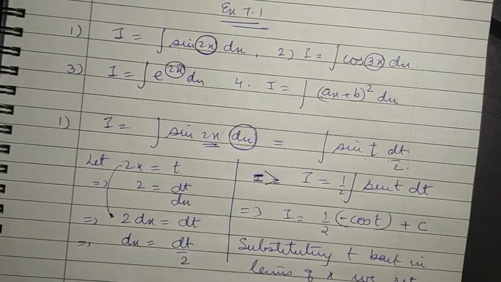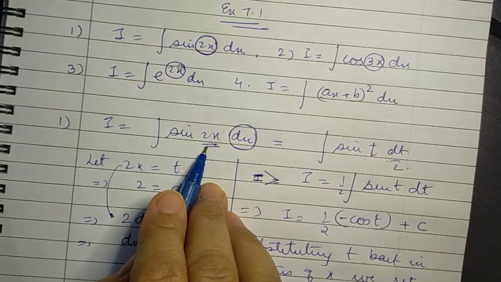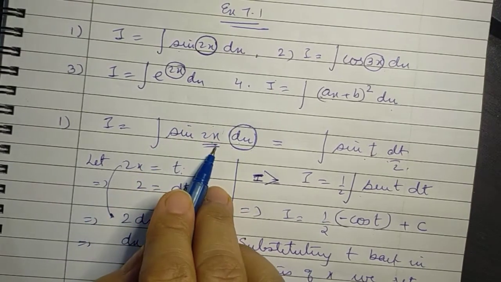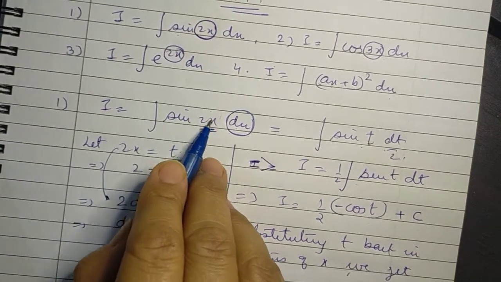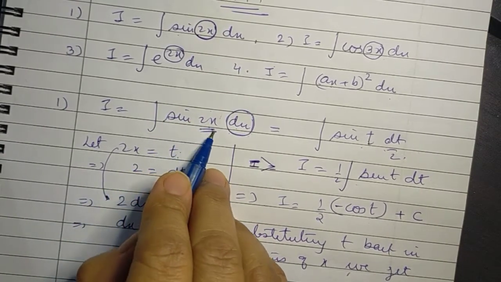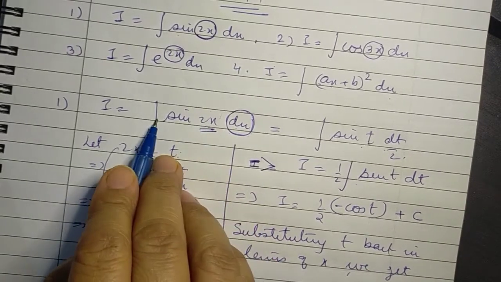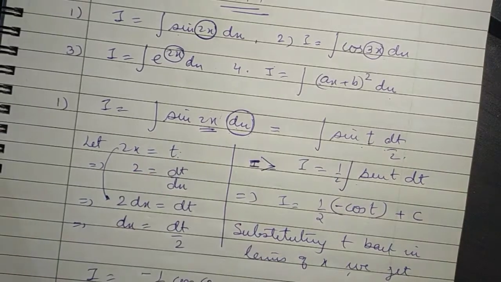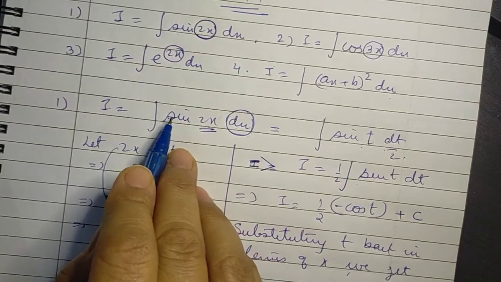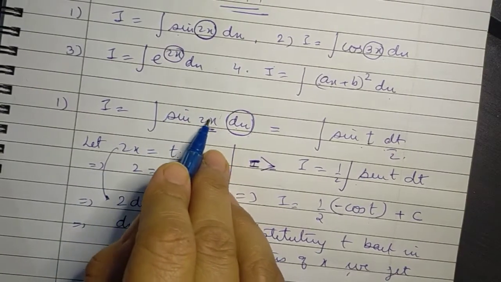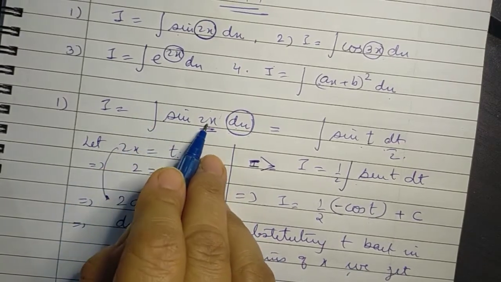Another important thing we notice is, when you differentiate a function of this kind, obviously it's a function of a function, you have to apply the chain rule, and so the coefficient of x gets multiplied. The derivative of sine 2x will be cos 2x into the derivative of 2x, which gives you 2 cos 2x.